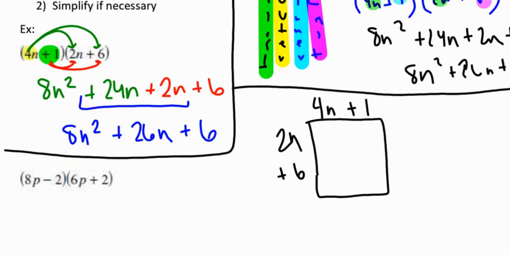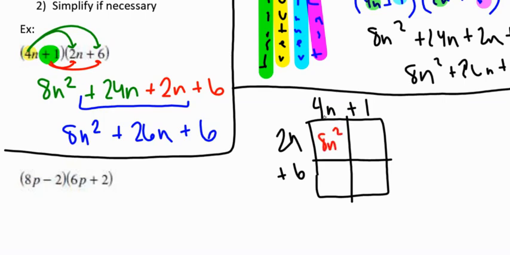And notice how I keep the sign in front of the term with that term. So it's 4n plus 1, I separate those, and a 2n and then a positive 6. And I could look at it like so with this box method. In this first box, I have 4n times 2n is 8n squared.